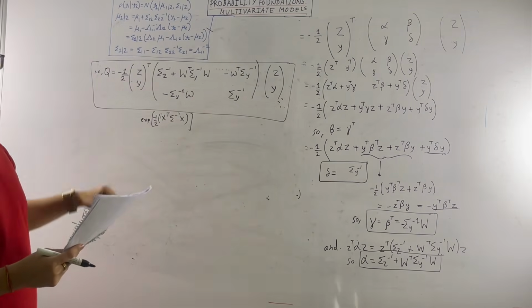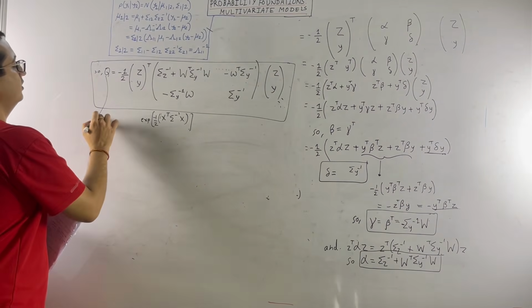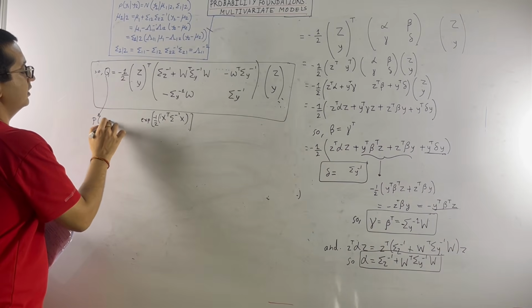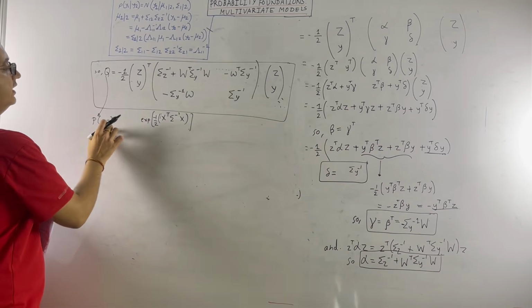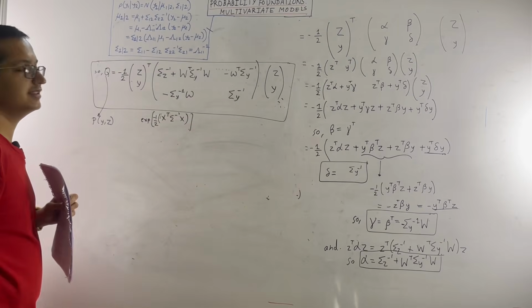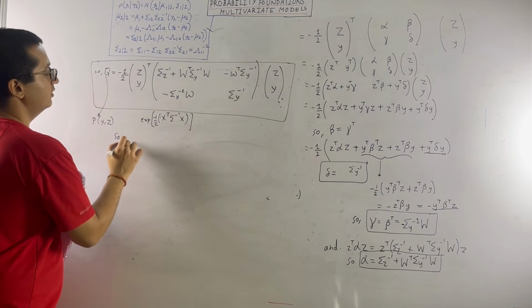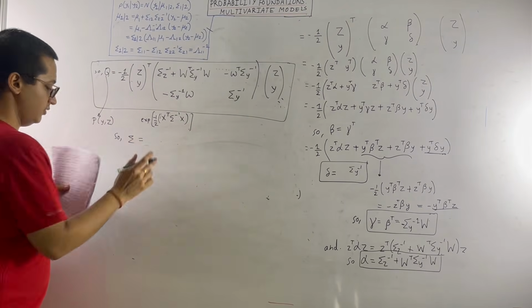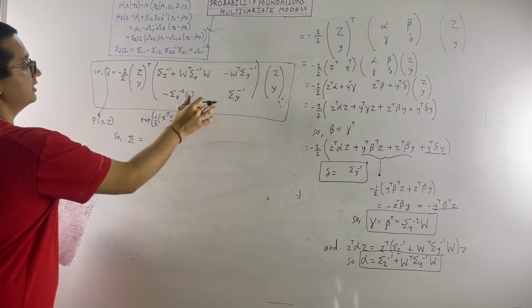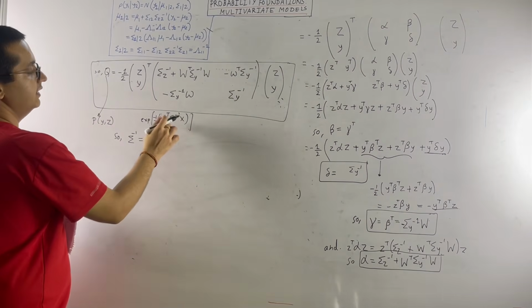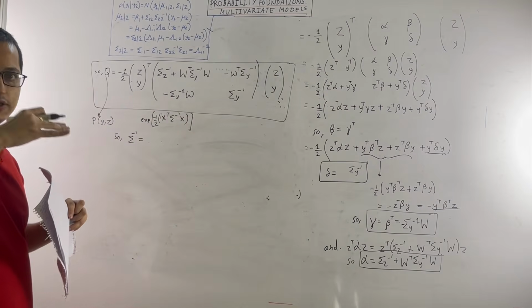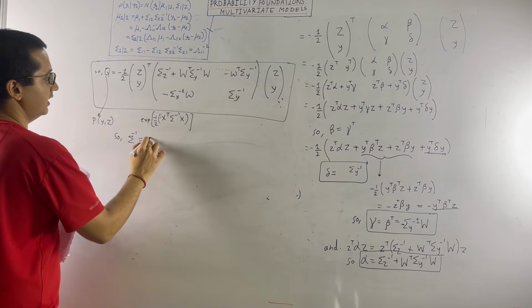So this we wrote for the joint. That means the covariance of the joint should be this matrix. The covariance of my joint, this is sigma inverse actually. Why? Because this is of the form X transpose sigma inverse X, the precision, right?